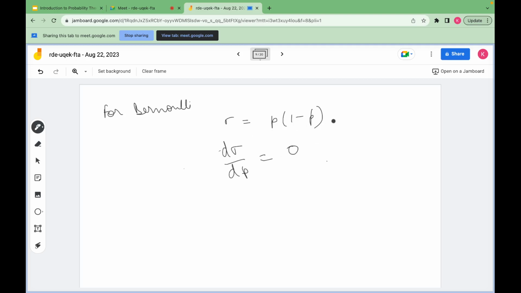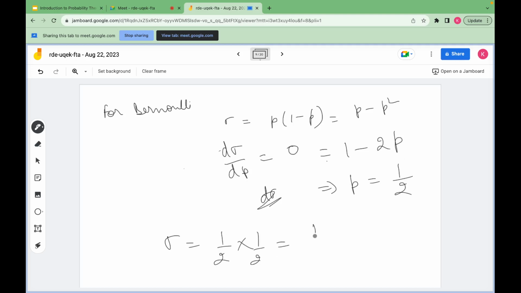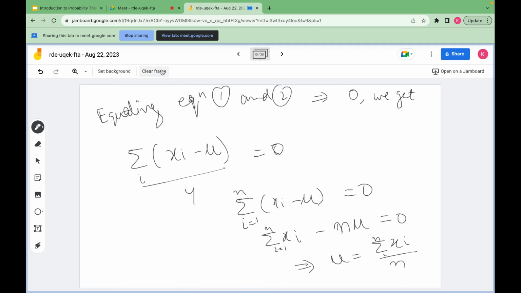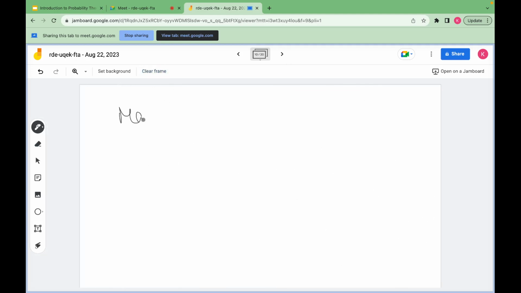This is p minus p square, which becomes 1 minus 2p. So p comes out to be 1 by 2, and sigma squared comes out to be 1 by 2 into 1 by 2, which is equal to 1 by 4.